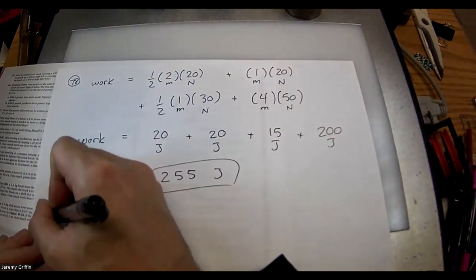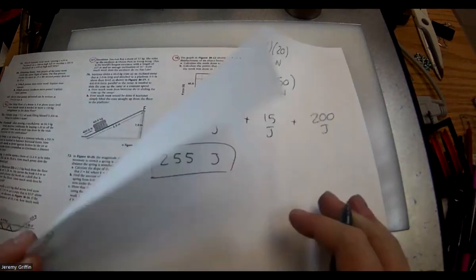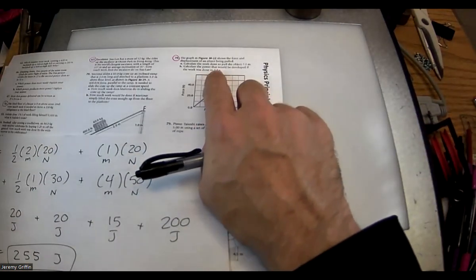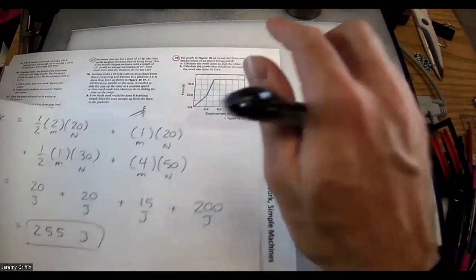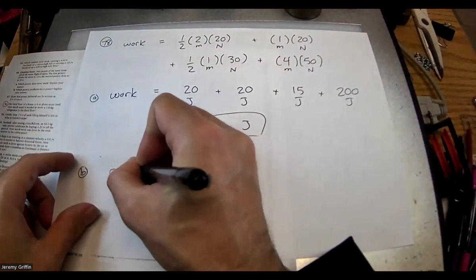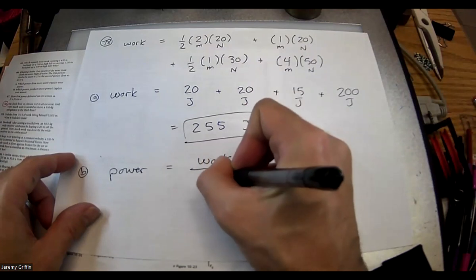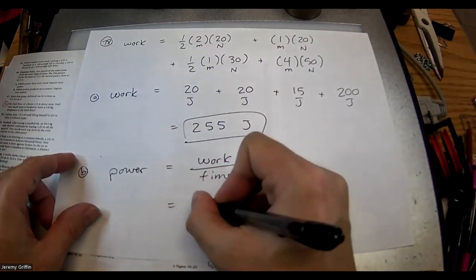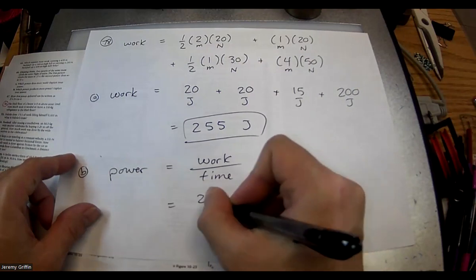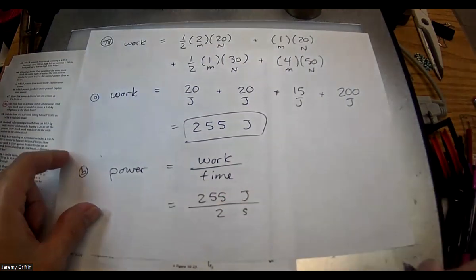There's a follow-up question. It says, what is the power if this was all done in 2 seconds? So isn't power the rate of work, which is work per unit time? So we're going to take 255 joules of work that all happens in 2 seconds.